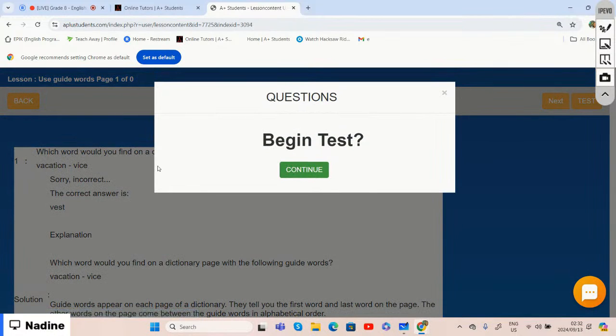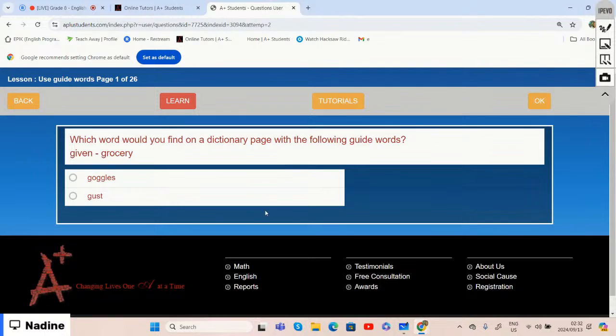So we are now going to a test, and we're going to say, which word would you find on a dictionary page with the following guide words: given and grocery. Look at the words that you may find between those words in the alphabet.